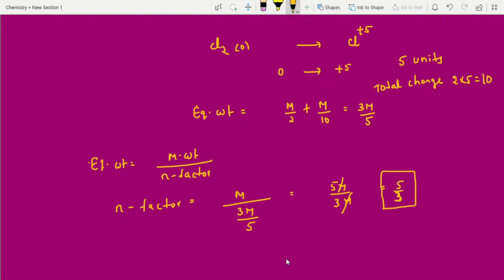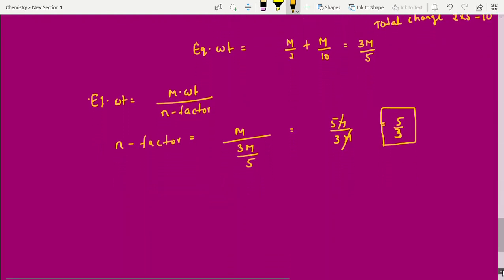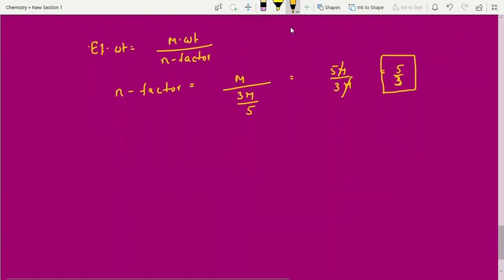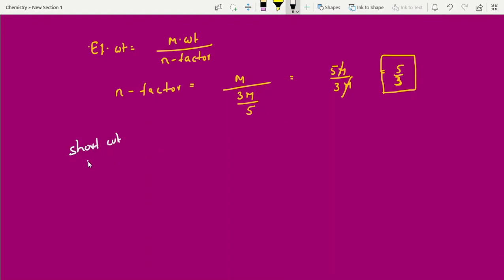For this I am going to give a shortcut also. Very easily you can work out the shortcut. I think most students like this shortcut. How to calculate the n factor for disproportionation reactions?